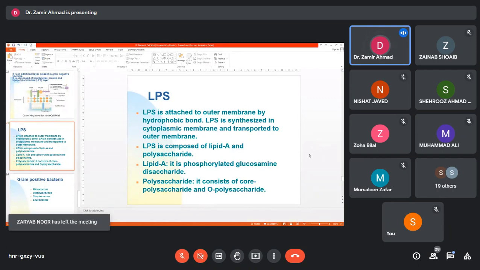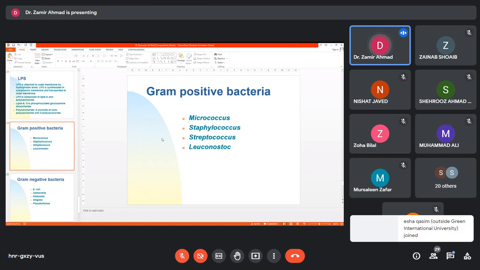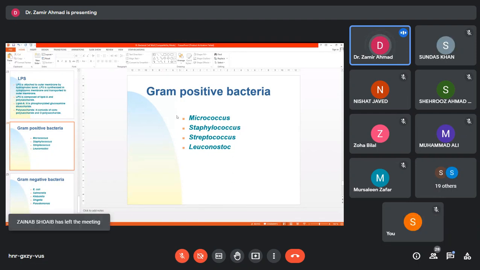And at the end, some examples of gram-negative and gram-positive bacteria. The important examples of gram-positive bacteria include Micrococcus, Staphylococcus, Streptococcus, and Leuconostoc. Although there is a very long range of these bacteria, the important ones have been mentioned here.